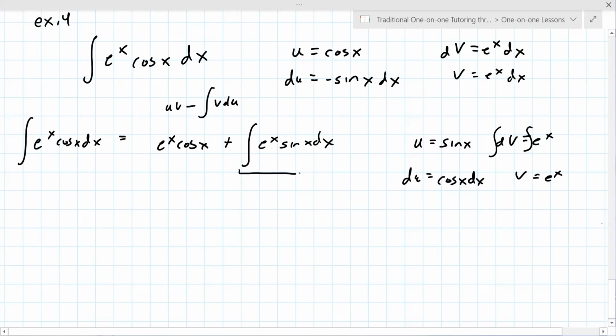Just to be clear, we're working on this part right here, which is uv minus integral v du. So that's e to the x sine x minus the integral of e to the x cosine x dx.